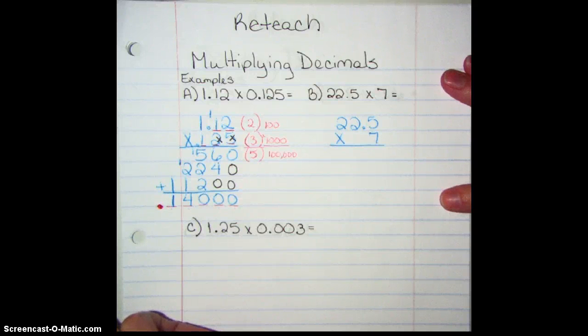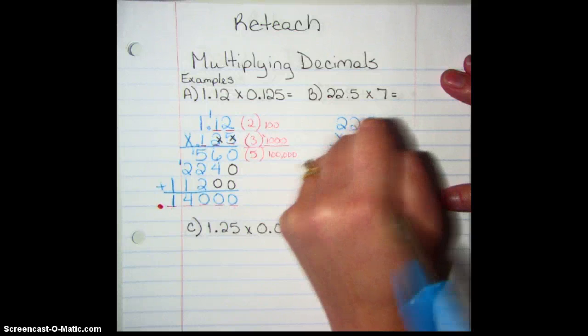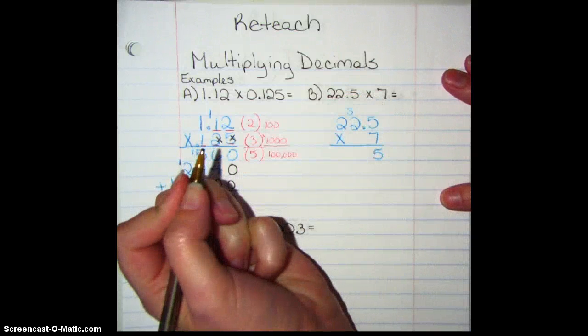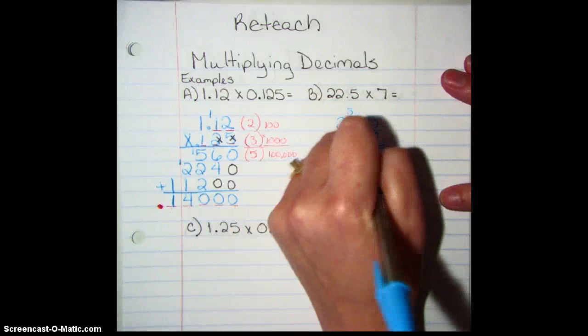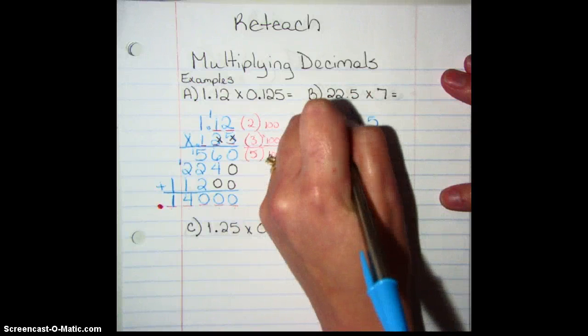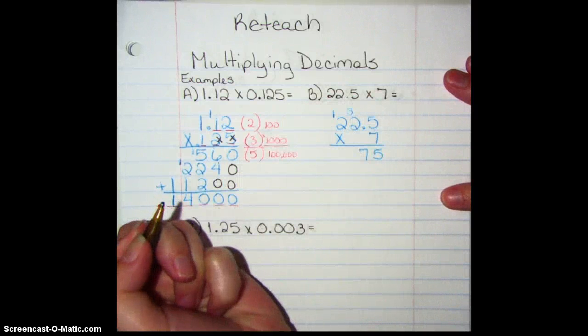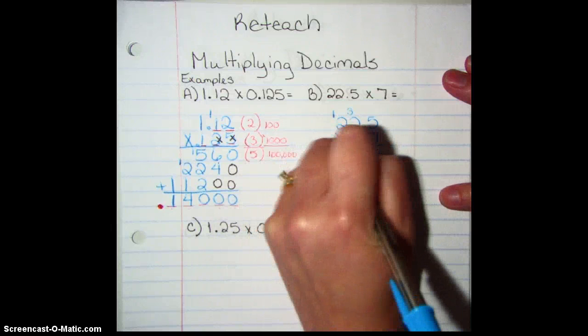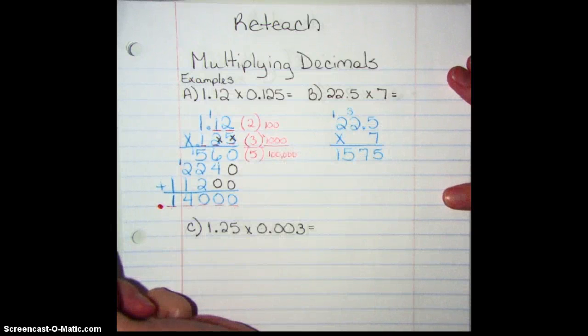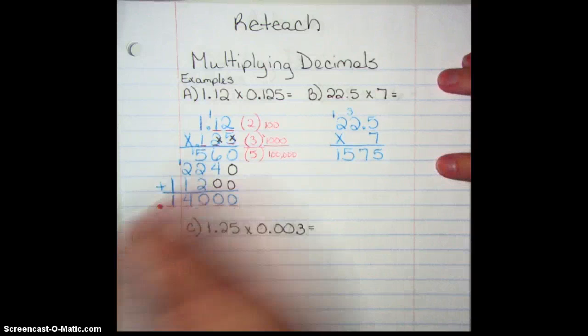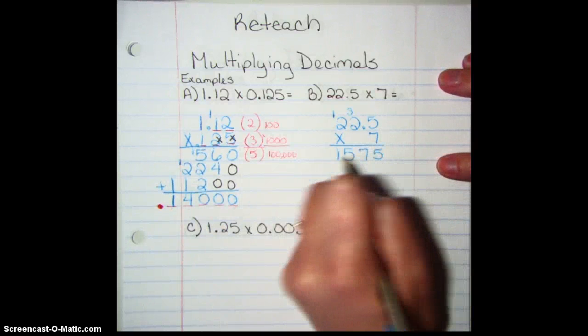I just lined up the numbers, and now I'm going to multiply it out just like I normally would. 7 times 5 is 35, carry the 3. 7 times 2 is 14, plus 3 is 17, carry the 1. 7 times 2 is 14, plus 1 is 15. At this time, because I only had one number to multiply by, I know I'm done multiplying.